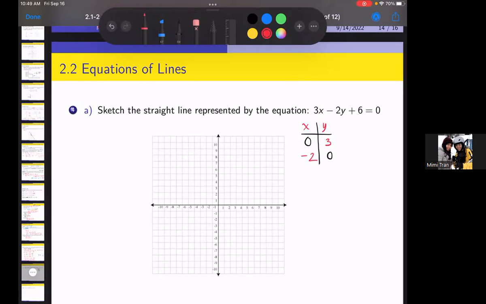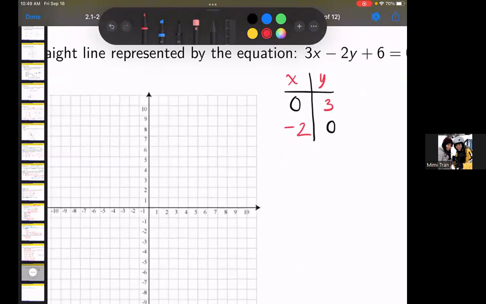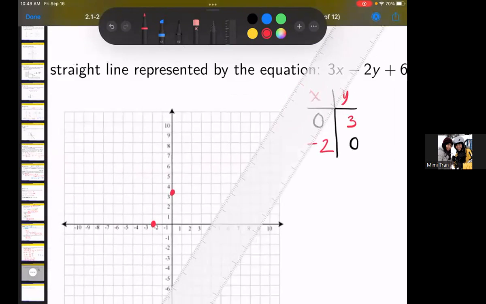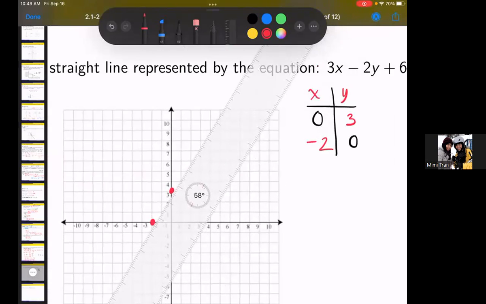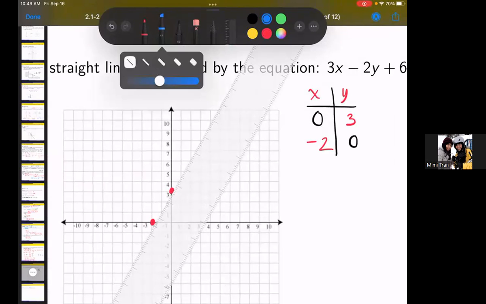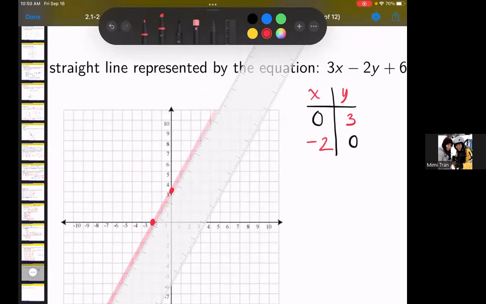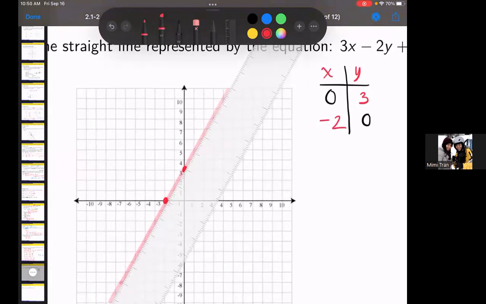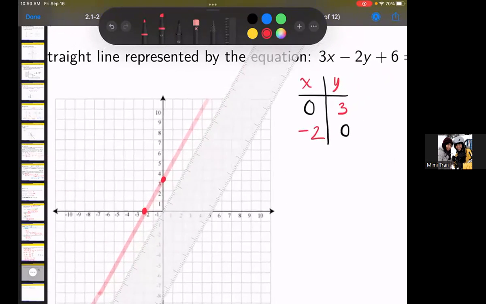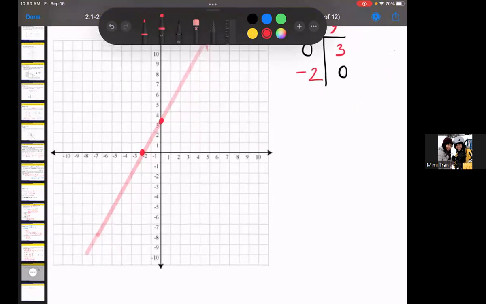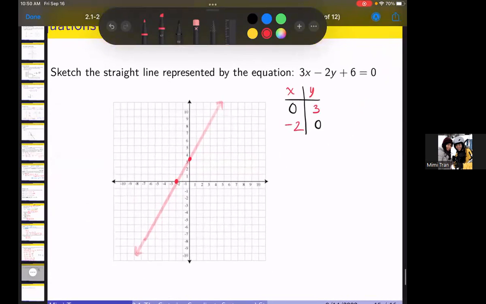So (0, 3) and then (-2, 0). I do want you to plot the points for me, especially on the exam.